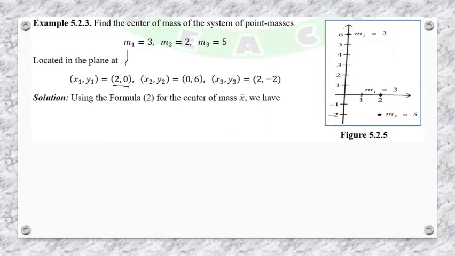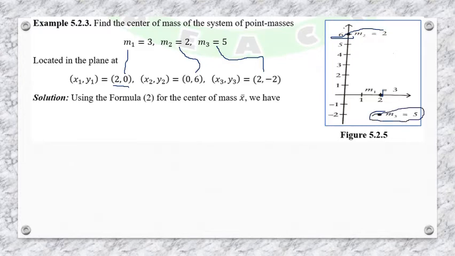Ito siya, it is located at 2 and 0. So which means when x is 2, y is 0. So nandito si m sub 1. And then sa m sub 2 naman, it is located at 0 and 6. Okay, when x is 0, y is 6. Nandito si m sub 2. And then m sub 3 is located at 2 and negative 2. So nandito si m sub 3.